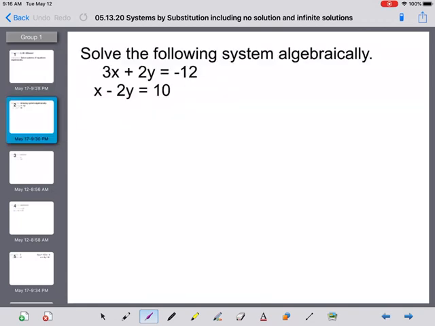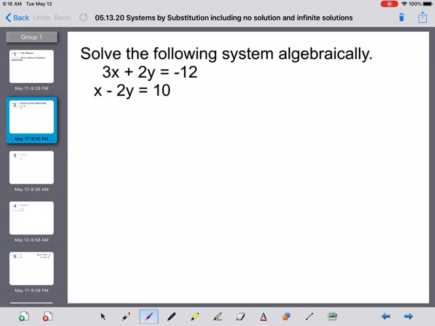Okay, so let's solve the following system algebraically. You will notice that we have not solved for y or x here. So that's going to be the first step.